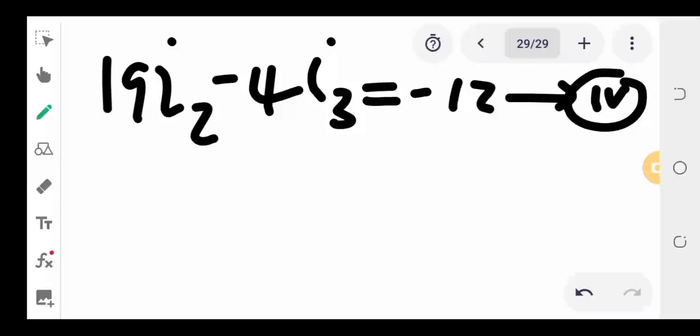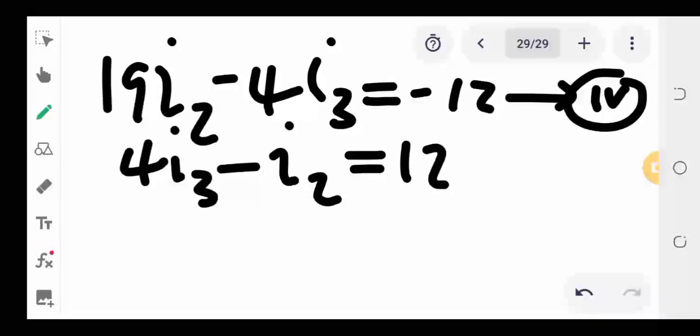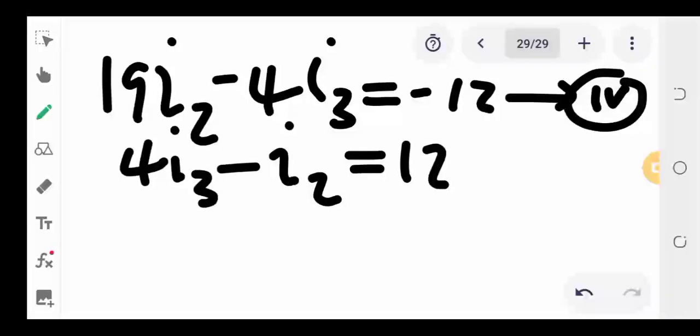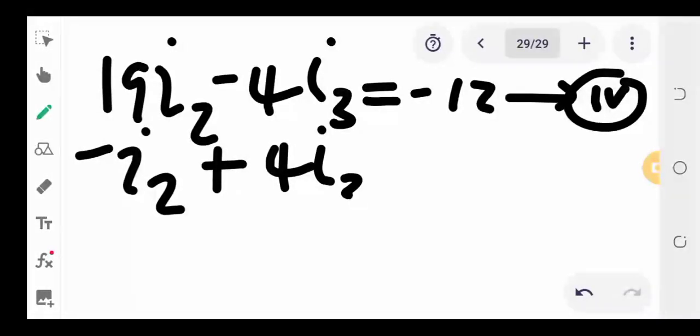My equation 3 is 4 I3 minus I2 equals 12. Now I have 4 I3 in both, so I can rearrange and solve these two simultaneously: negative I2 plus 4 I3 gives positive 12.